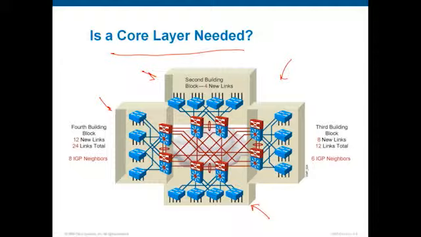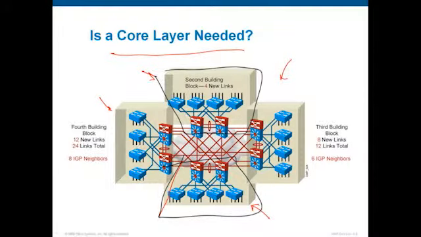For the first building, all I have to do is create my distribution block, but then for the second building, I will need at least 4 new links to create the illusion, or the reality actually, of a highly redundant core network. 4 new links to connect those 2 new additional switches to the existing core, which is the existing building.